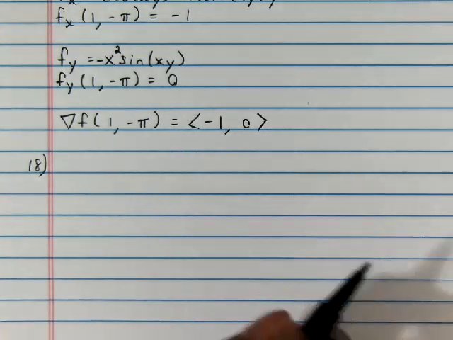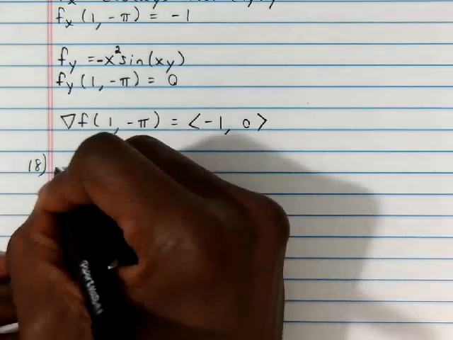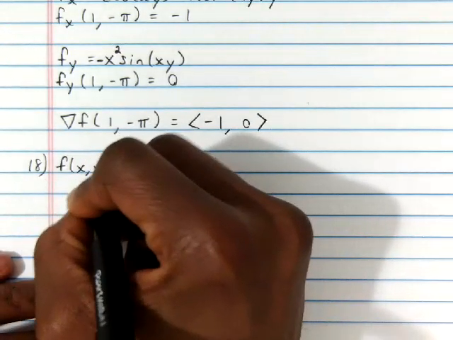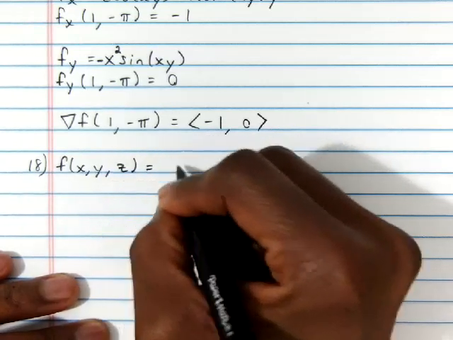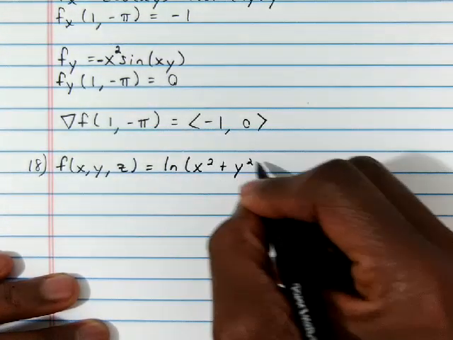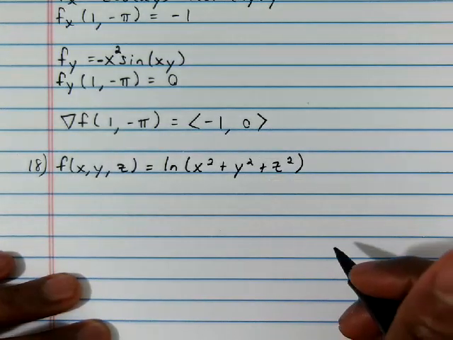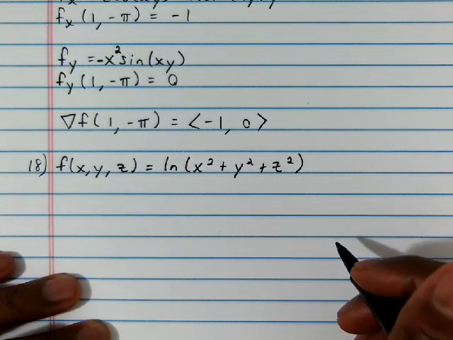So here they give us f of x, y, z equals the natural log of x squared plus y squared plus z squared. And they give us the point (2, 0, 1).